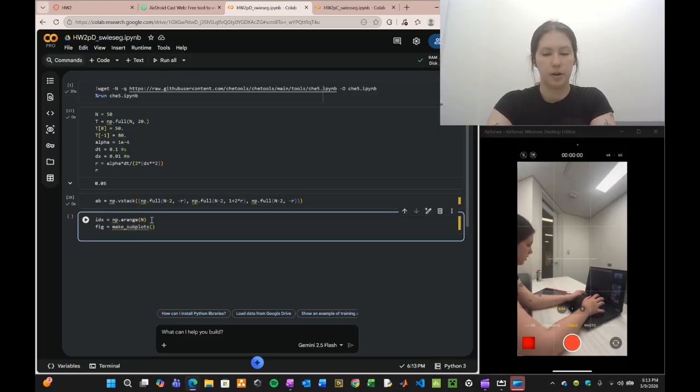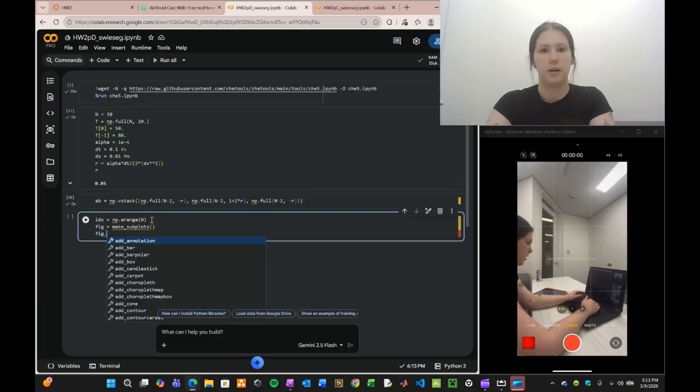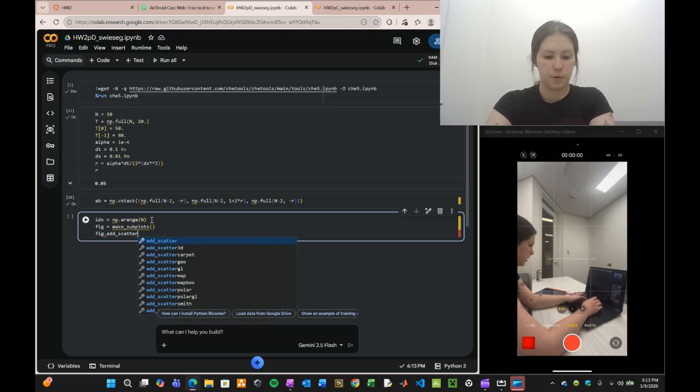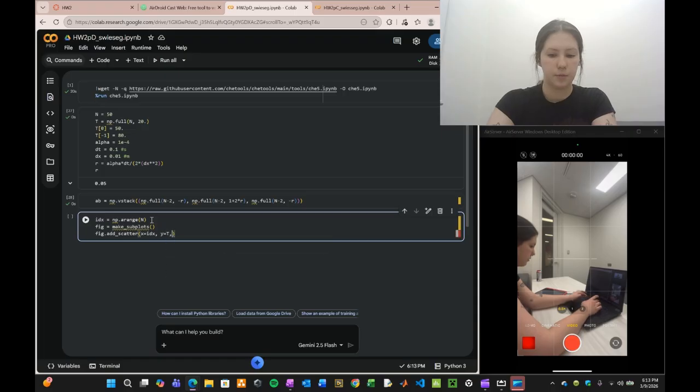And then we can add our t equals 0, or our time equals 0 plot, so fig.add_scatter. And then we want our x to equal idx, y to equal t, mode to be lines, and then we want the name to equal t naught. We can show our fig.